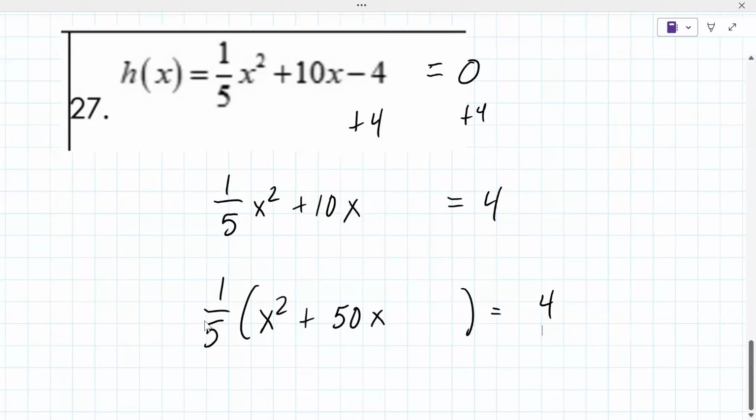Right. And that's where you have to multiply in and decide if you get back to the previous line. When you distribute this 1/5 in, does it get you back to this previous line? These lines are all equivalent.